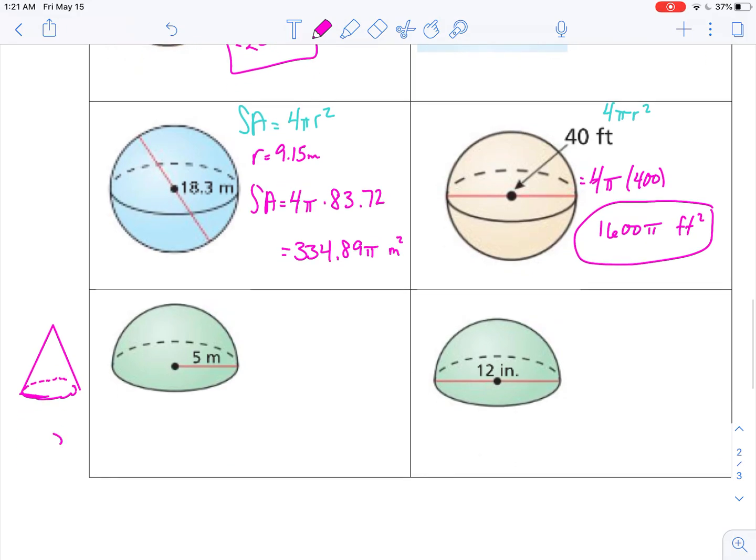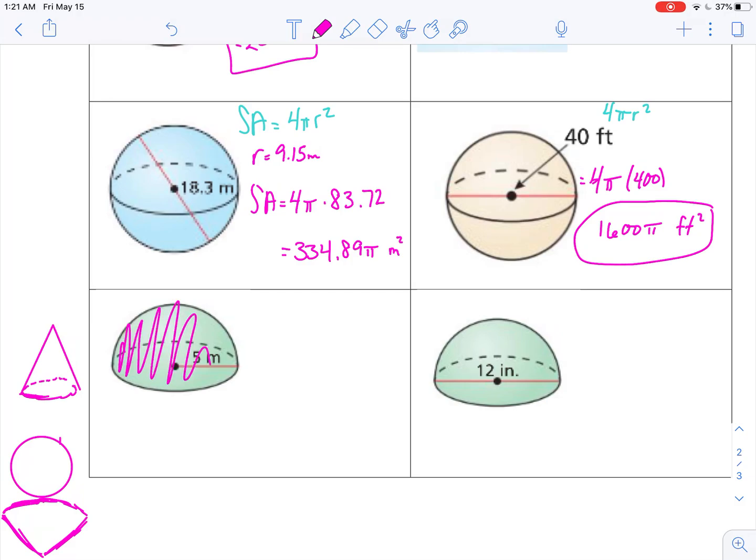We had the base, of course, and we had this kind of curved sector, this piece of a circle. That was our lateral area. Well, we're going to do the same thing with this hemisphere.